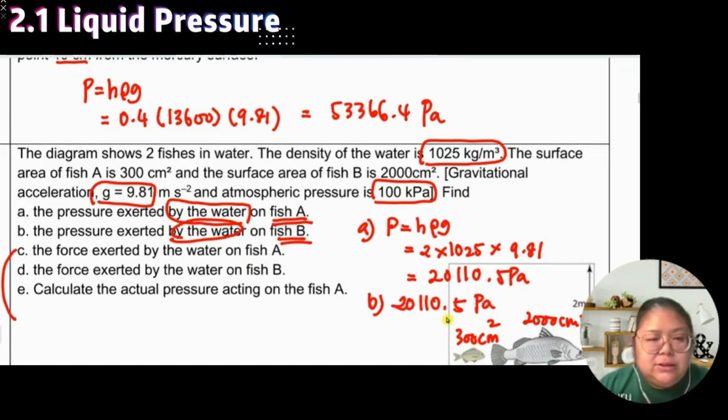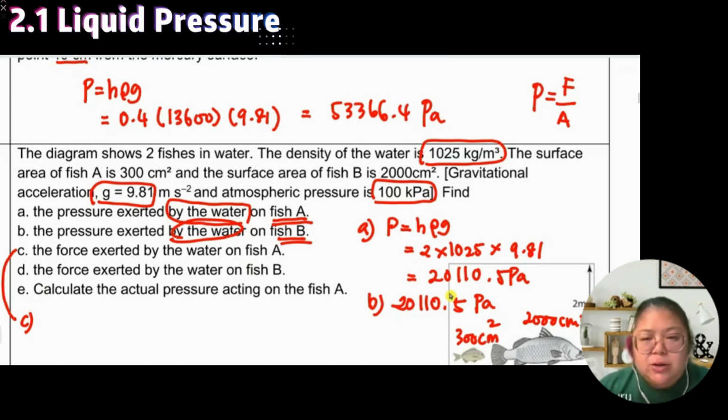Now C, the force. Force must be related to the area, so we use the original formula, P equals F over A. They say exerted by the water on the fish, so we find the force.